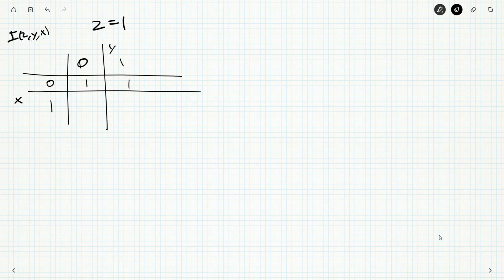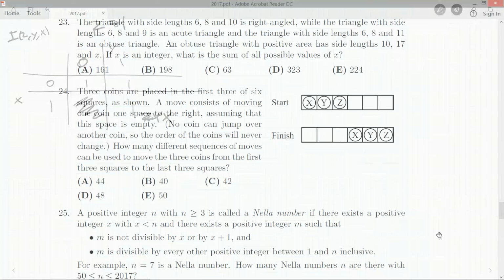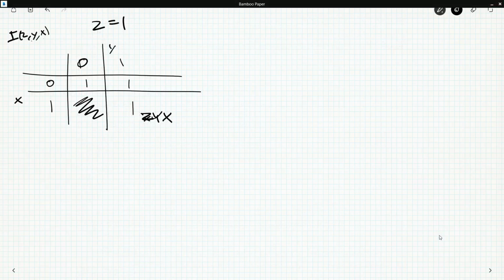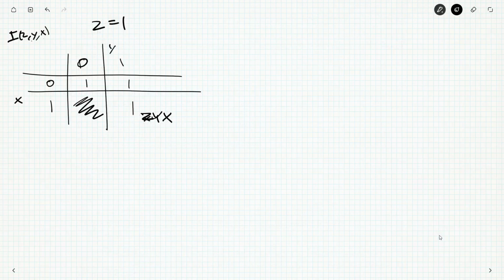And 1, 0, 1, there's no way to do that because the x would be less than the y. And 1, 1, 1, there's only one way to do that. That's sort of y, z, y, x. It's annoying. I wish they'd labeled it x moves first. This is irksome. Okay, so now I have the values for everything involving z with a 1.